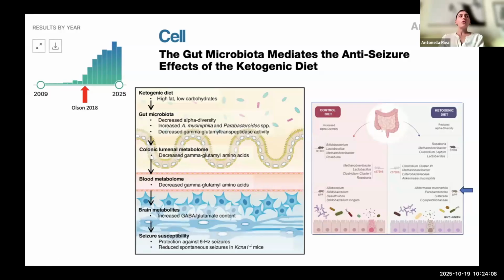And this modification locally in the gut microbiota is what then makes a better response to the anti-seizure medication.